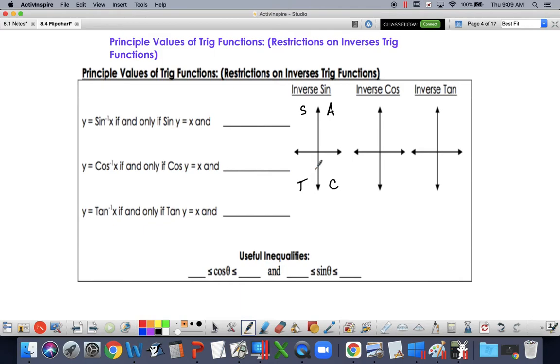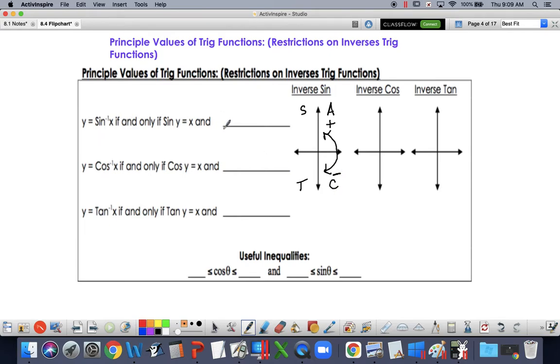Well, because we're going to need it to be fluid, and in our last section we're going to be graphing these, hopefully the reason for the restrictions will make a little bit more sense as we get through that last section. I want to include these two quadrants, because in this quadrant I get positive sine, and in this quadrant I'm going to get negative sine.